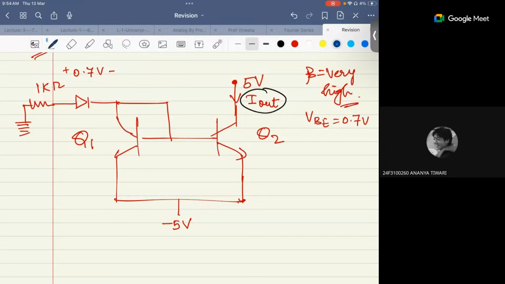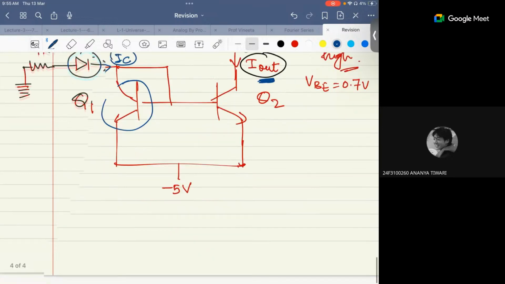See, this is one diode, right? This will work as a second diode. So this is 0.7, here also you have 0.7, right? What else do you need to calculate I out? You need IC1, right? If you have 0.7 here, here also will be a 0.7 drop, and here you have -5. So how much is left?